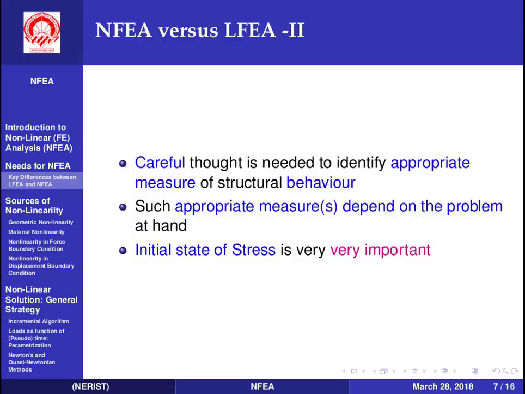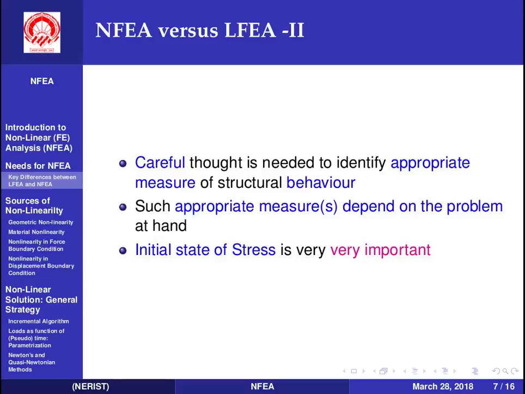Now, while doing nonlinear analysis, we need to identify some key or appropriate measures in terms of which we will determine the structural behavior, and that needs careful thought of the given problem at hand.